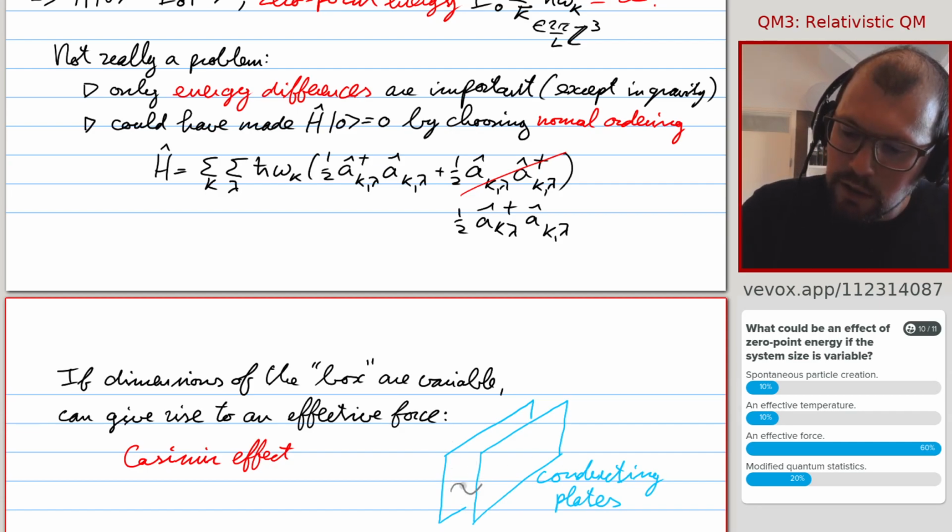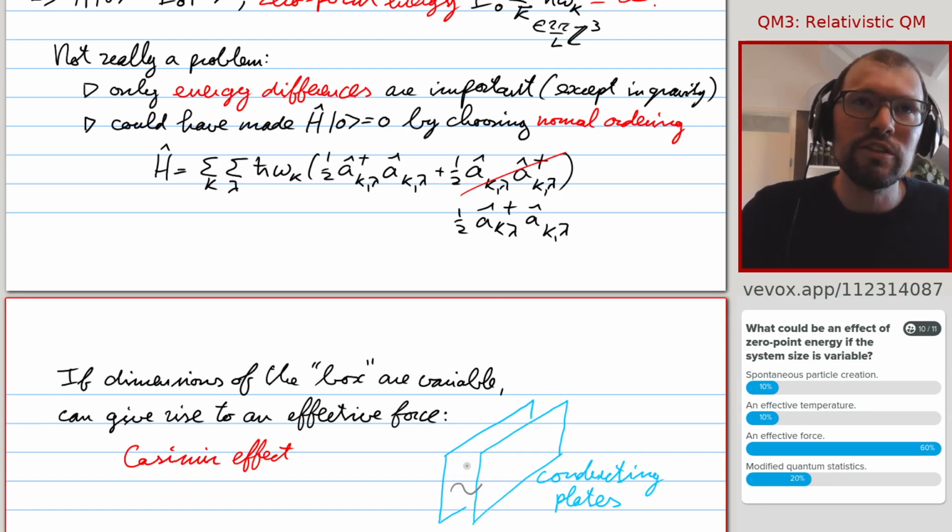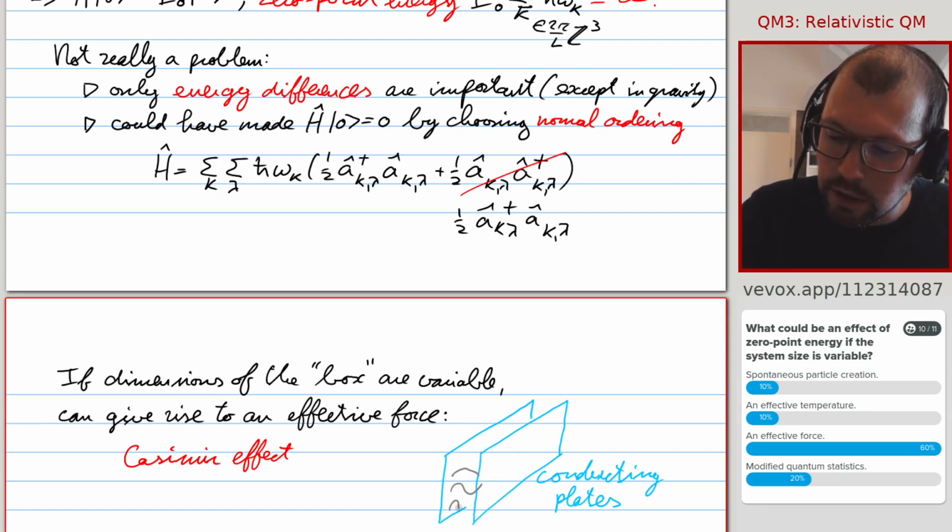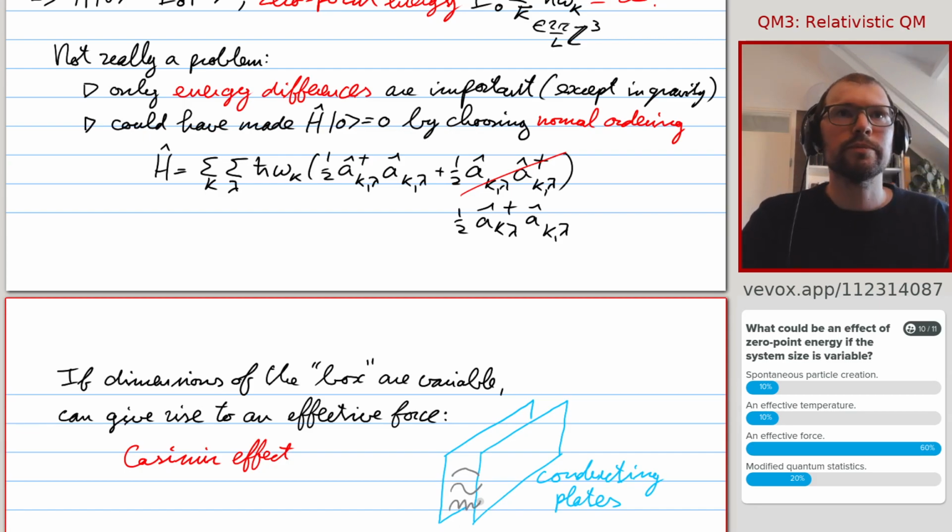So the electromagnetic field will have some Fourier modes, but they exactly have to fit in between the two plates.